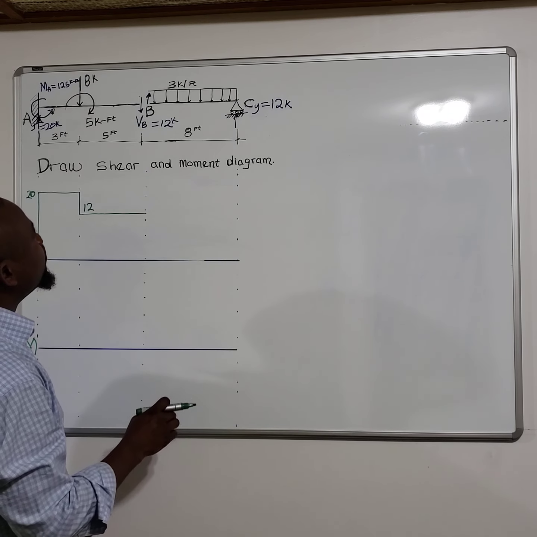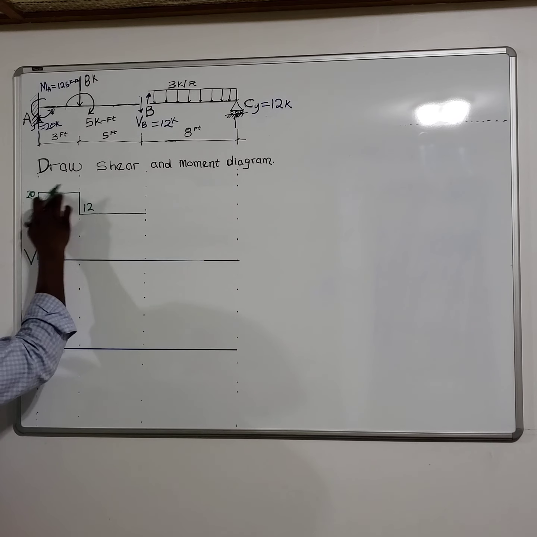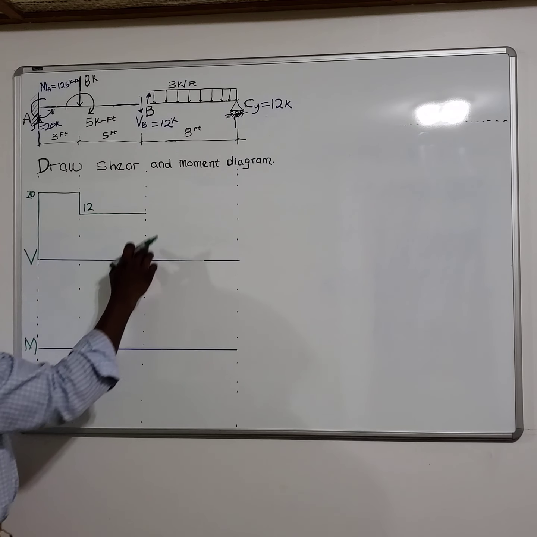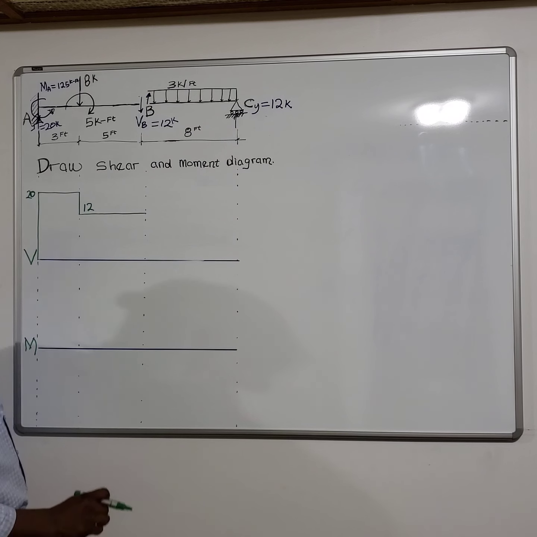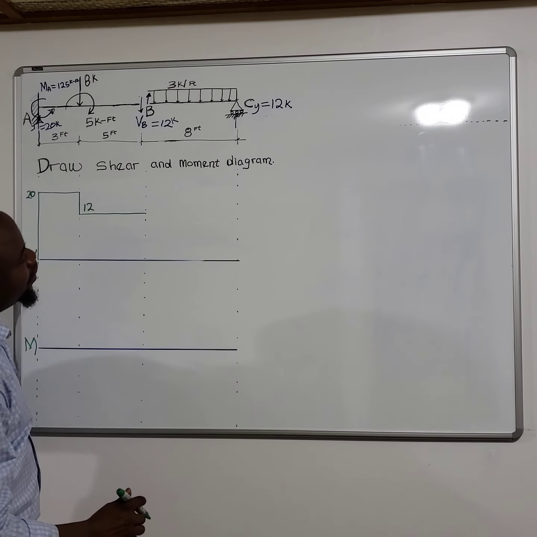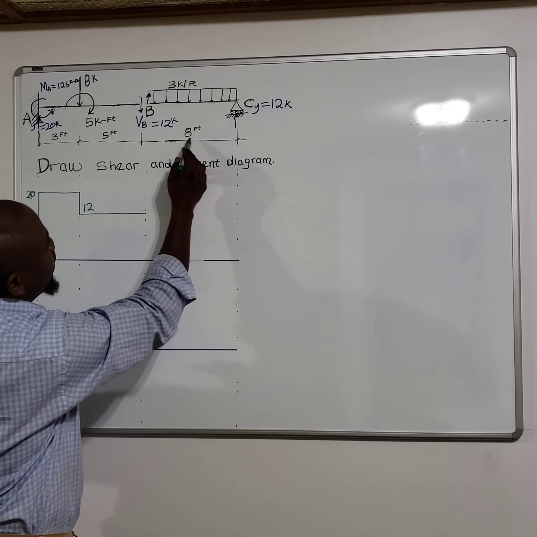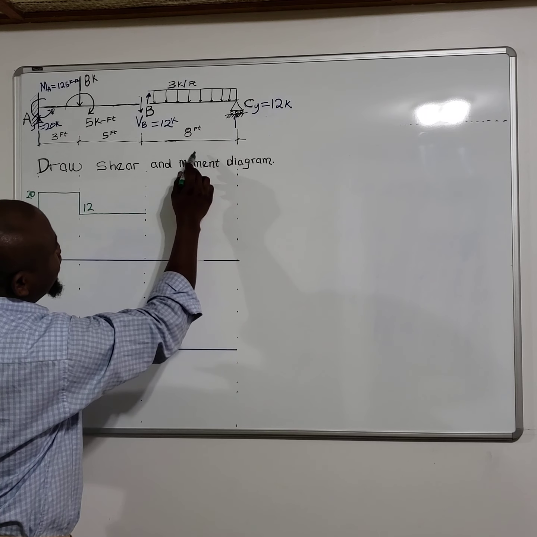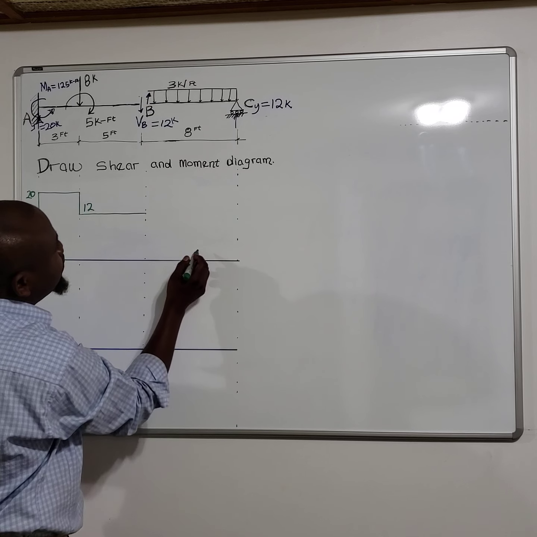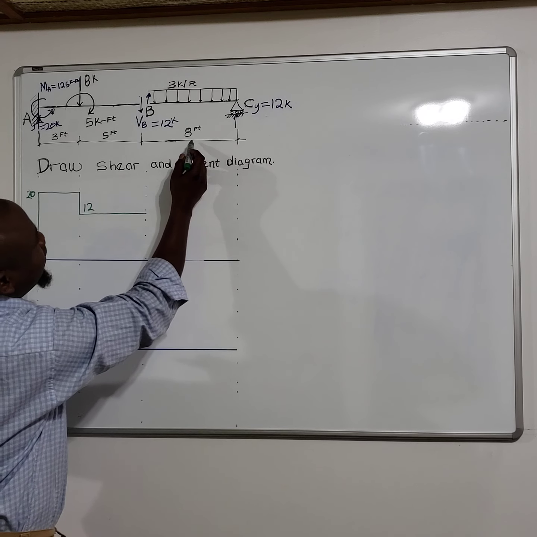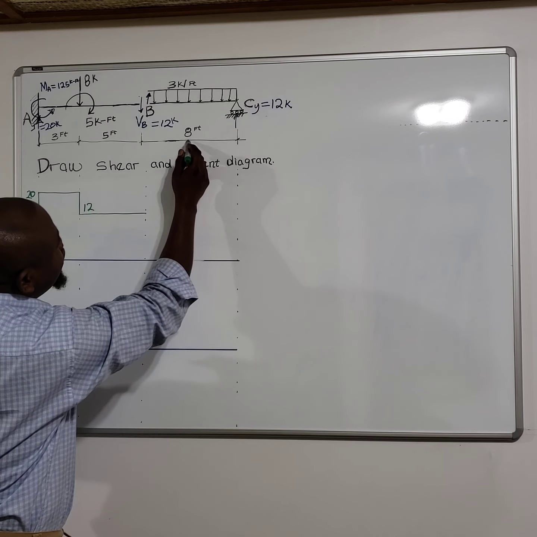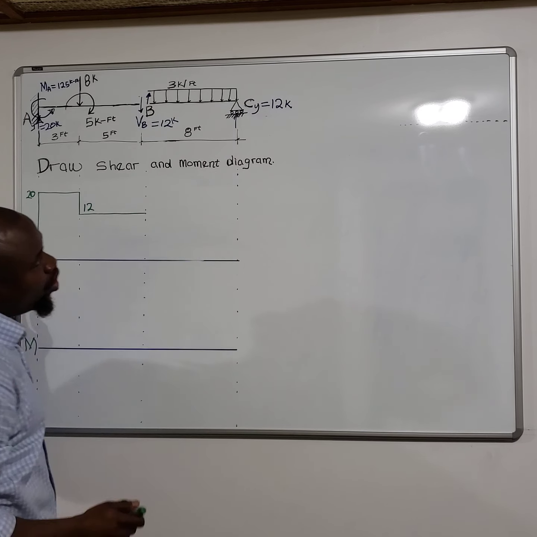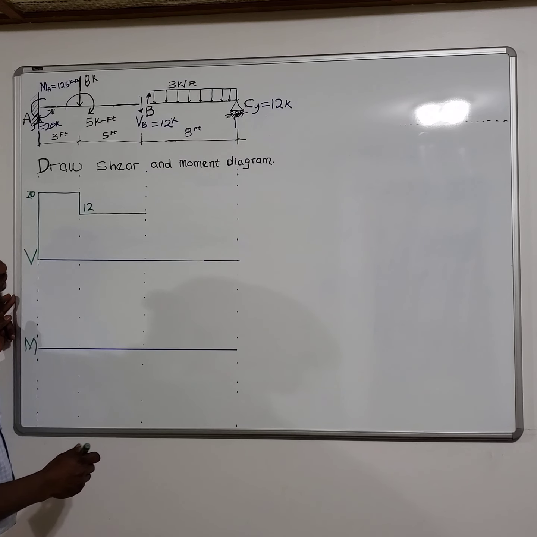Here it is constant, but here, because of the uniformly distributed load, it's going to be linear. So 24, and we have an 8 foot length. So this linear distribution is going to make a transition at the center of this 8 foot.